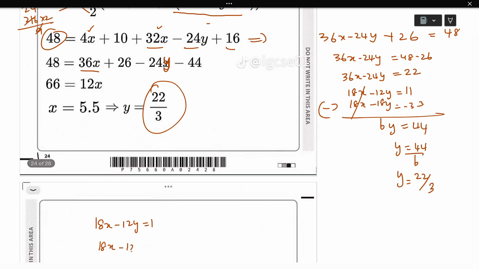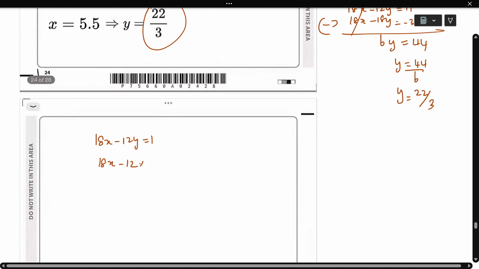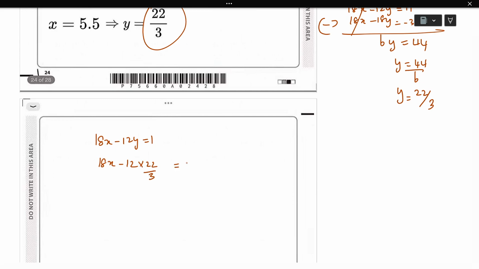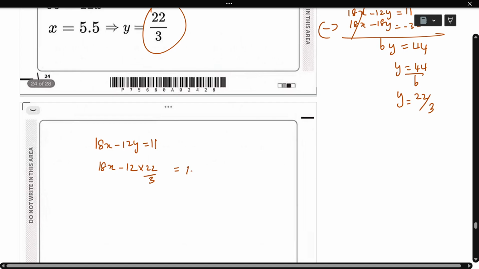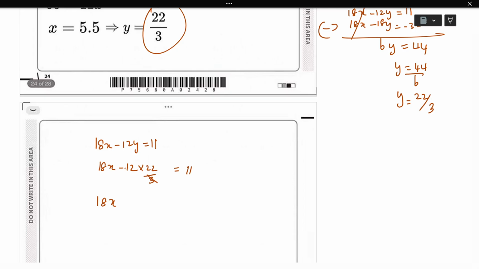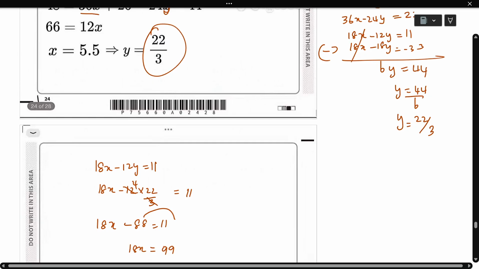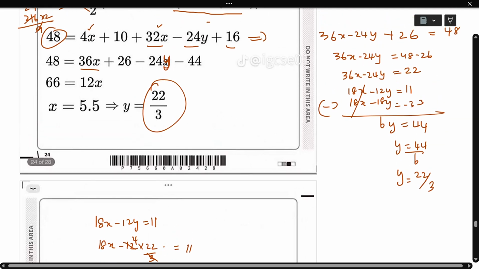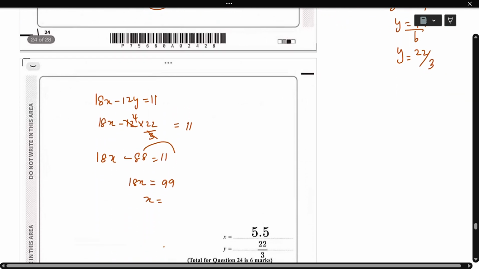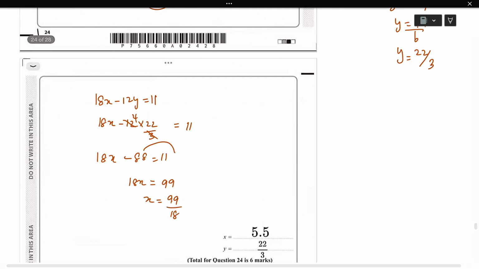So 18x minus 12 times 22 over 3 equal to 11, which is 18x, this is going to be 4, so minus 88 equal to 11, so 18x equal to, I'll bring this one over, it's 99, x equal to 99 over 18. 99 over 18 is going to be 5.5.